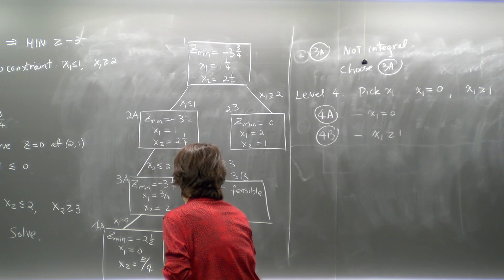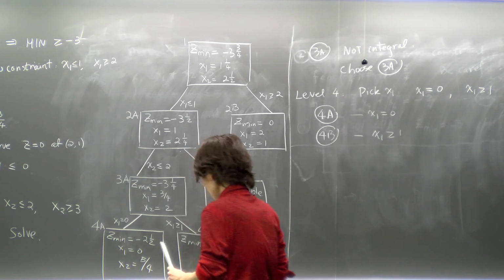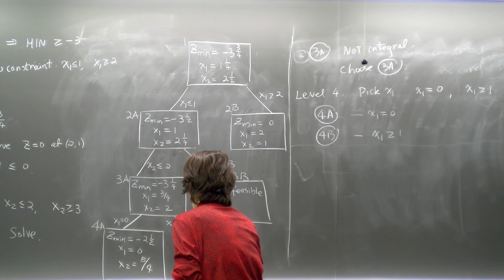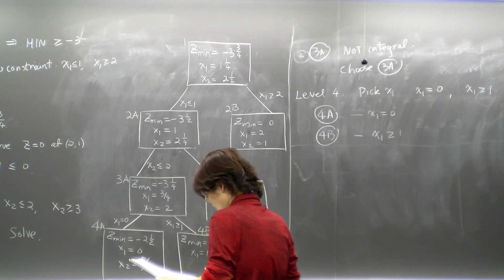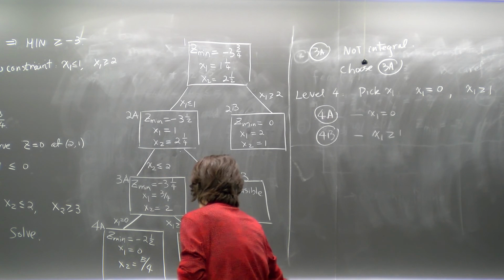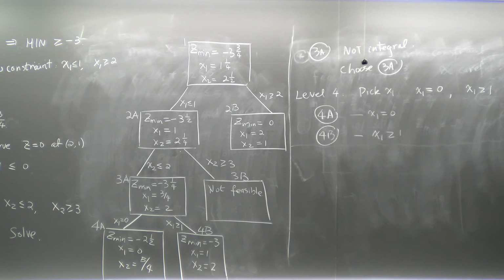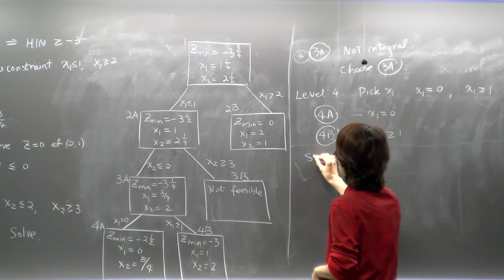And then for 4b, I have z min is negative 3, and x1 is 1, x2 is 2. What can I say now? Let's look at these 2 answers. So I solved them.